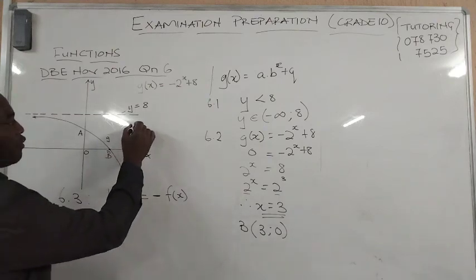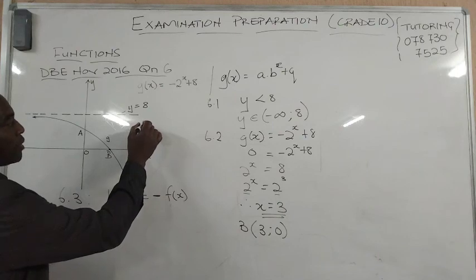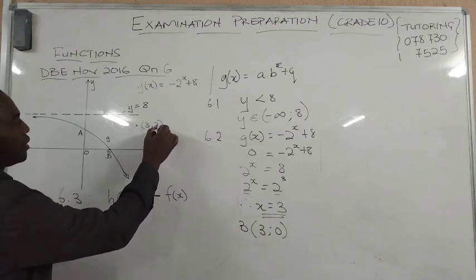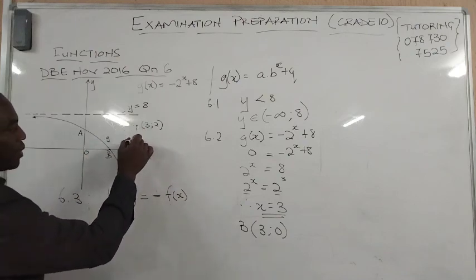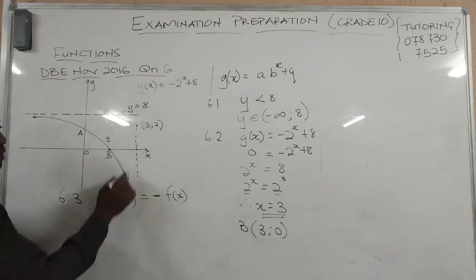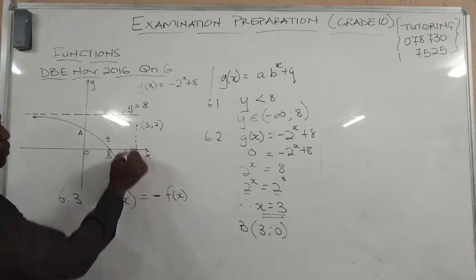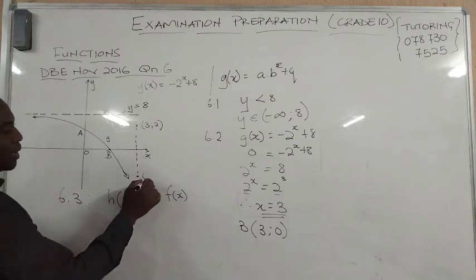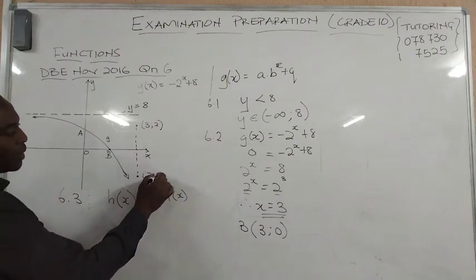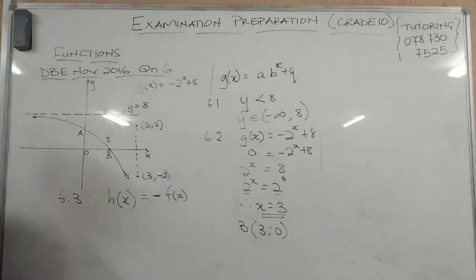That is reflecting along the x-axis, because it is the y-coordinate that changes. Remember, if you have a point (3, 2) and you reflect it along the x-axis, the x-axis is the middle line, so the point will be directly on the other side of the x-axis. So what will only change is the y-coordinate. The x-coordinate will remain, but the y-coordinate will now be negative 2.